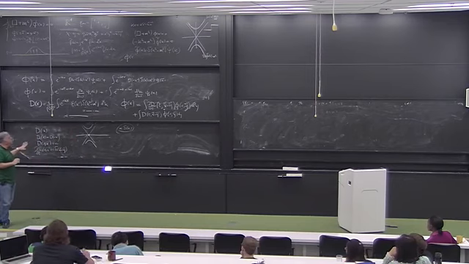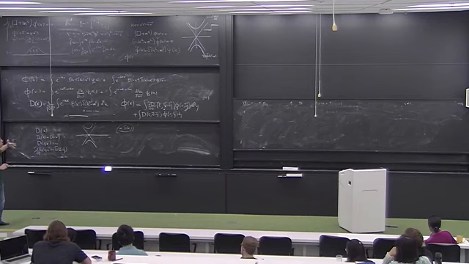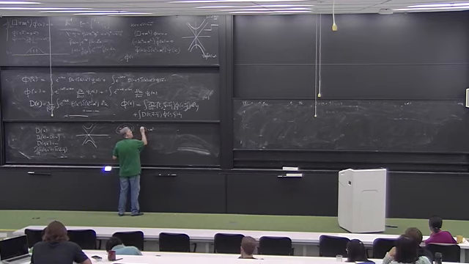So the Pauli-Jordan function d of x is used to solve the initial value problem. And by the way, the Pauli-Jordan function is the unique solution of this Cauchy problem here.